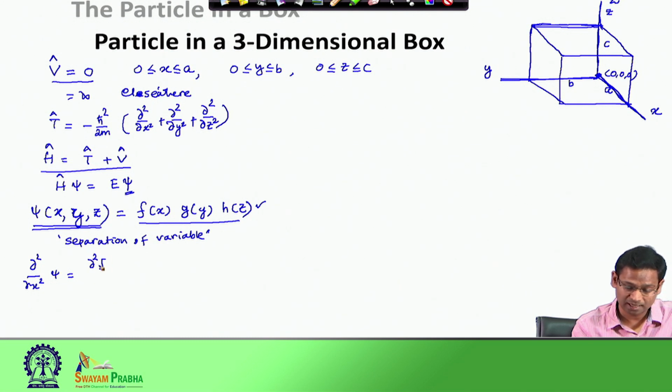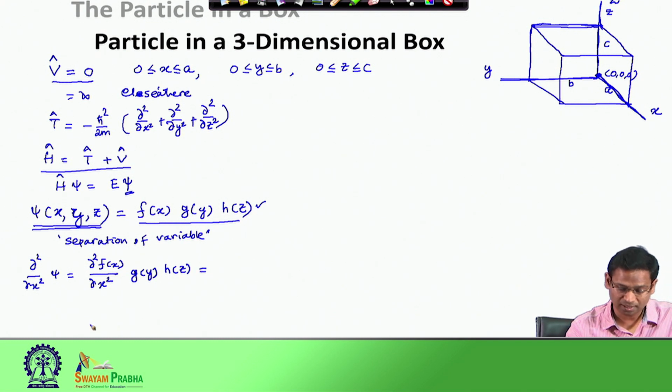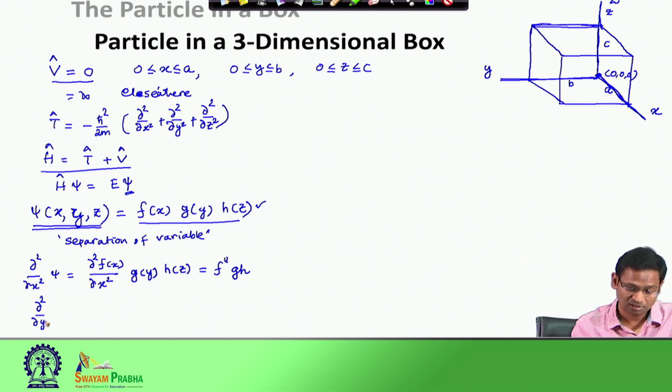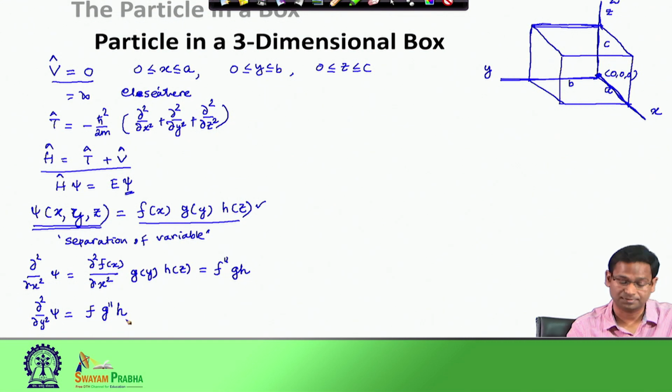So, I can write, in shorthand, this expression as f double prime, which represents the second derivative of f, times g and h. Similarly, I can write down the second derivative with respect to y as f, which is a function of x, times the second derivative of g, which is a function of y, and h, which is a function of z.